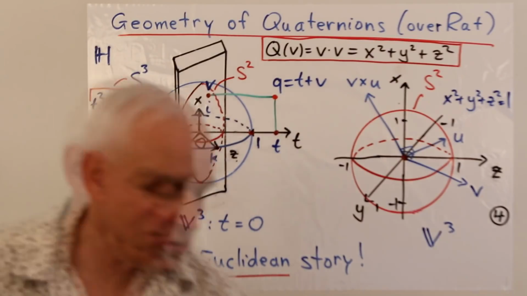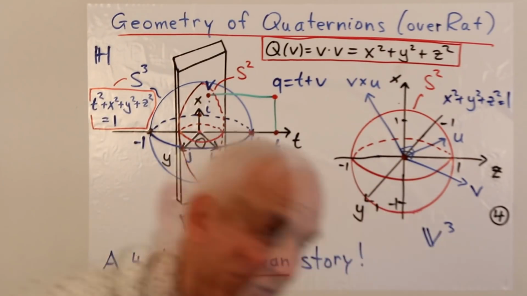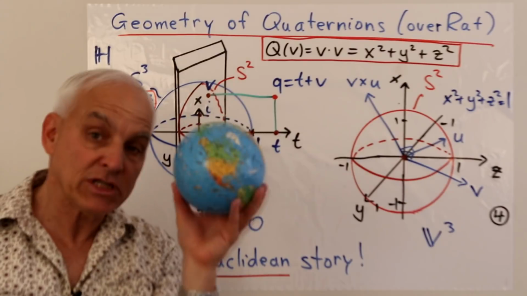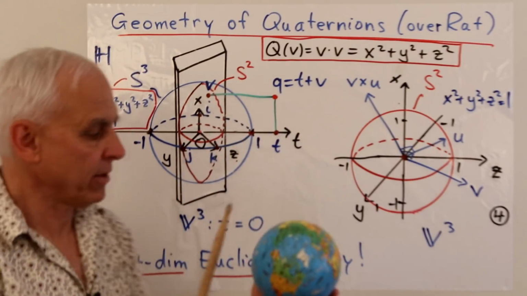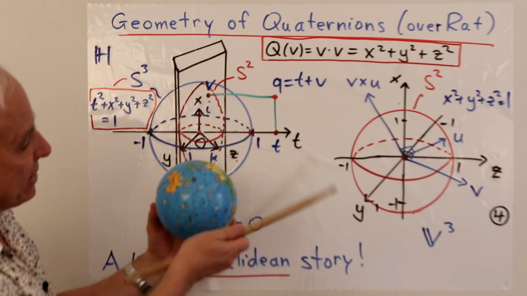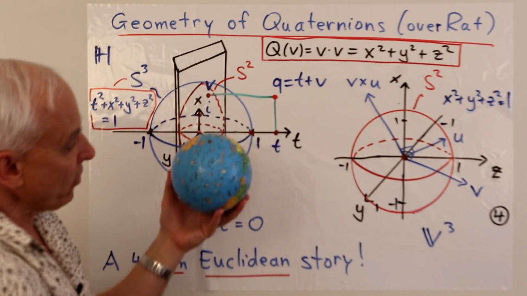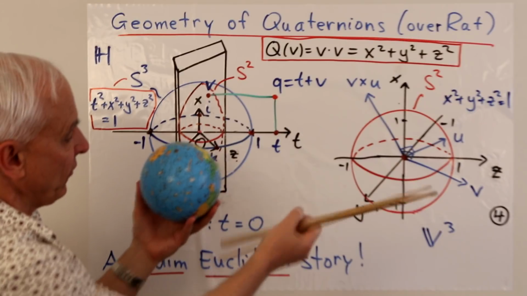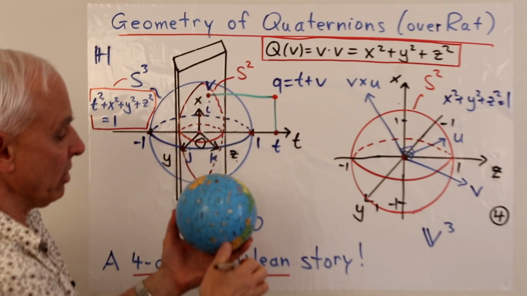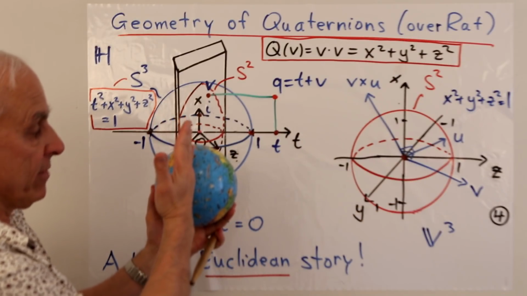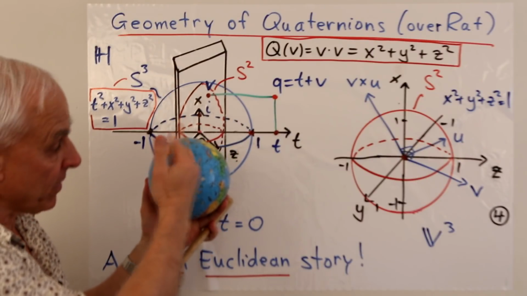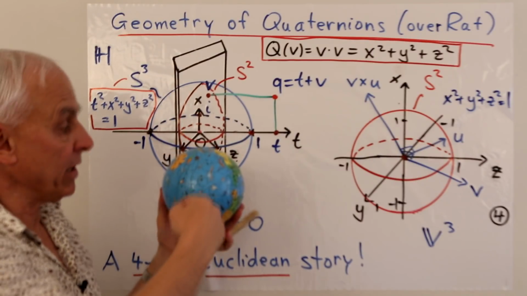So let me remind you in 3 dimensions what happens. Here is a 2-sphere in 3 dimensions. Let me orient it so the axis is like this. Now if we take a cross section of this sphere perpendicular to the axis, so imagine a plane cutting it like this, an equatorial plane, then the cross section will clearly be a circle.